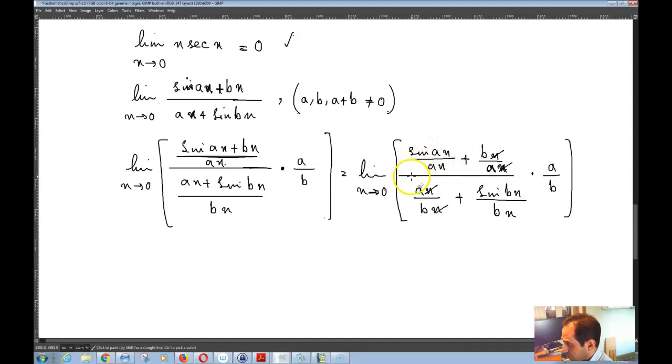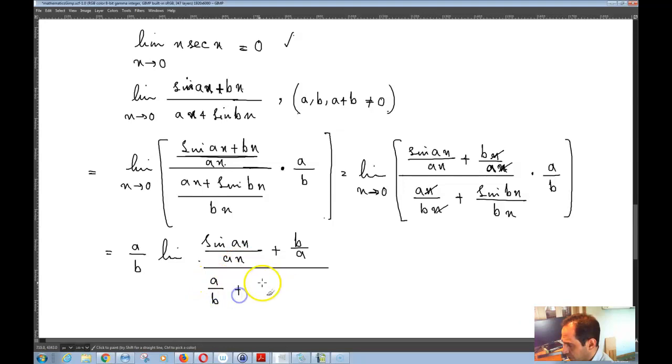So you can take this a by b out, meaning that you can write this as a divided by b times the limit of (sine ax by ax plus b divided by a) over (a divided by b plus sine bx by bx) as x tends to 0.